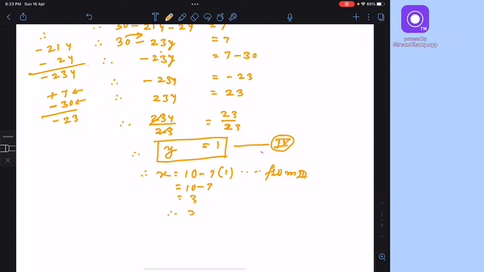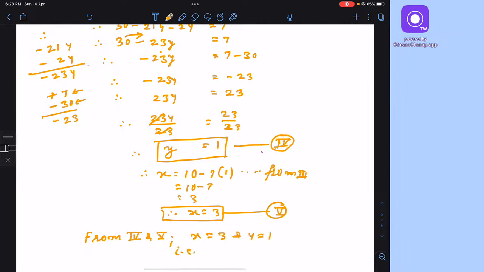Therefore, x is equal to 3. This is equation number 4. This is 5. From 4 and 5, x is equal to 3 and y is equal to 1.